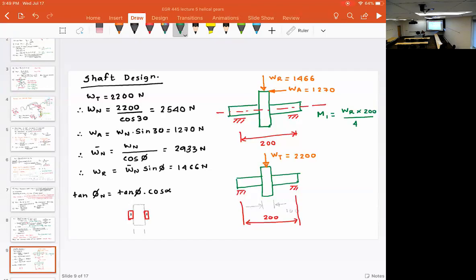Then there is M2, which is 1270 multiplied by this distance, which is 75.